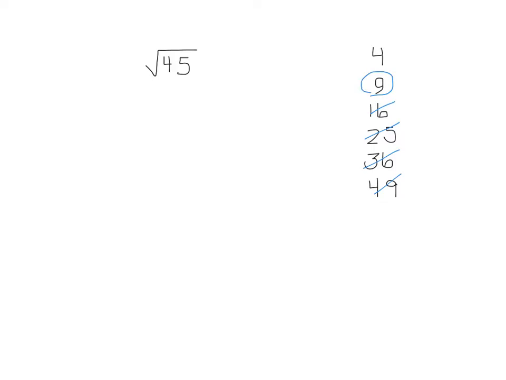So we can break apart the square root of 45 into the square root of 9 times the square root of 5, because 9 times 5 is 45. The principal square root of 9 is 3, and root 5 is a decimal, and we don't want a decimal if the directions say simplify. So our simplified radical is just 3 root 5.